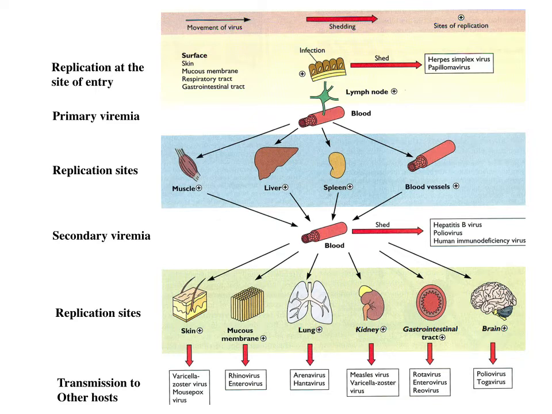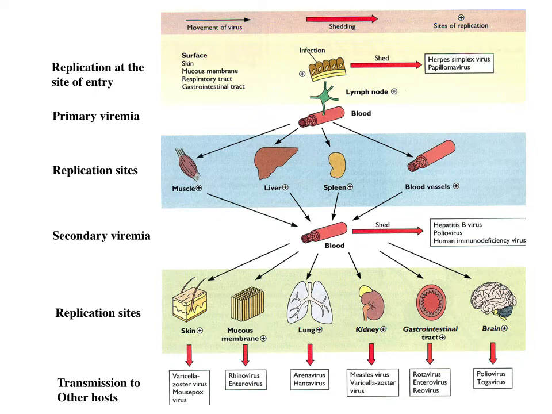At this point, the virus may be shed in the blood, and we see hepatitis B virus and so on, HIV virus. But many times the virus will move on to even more tissues after the secondary viremia. And that's when we get into issues of skin, mucous membrane, lung, kidney, gastrointestinal tract, and brain.